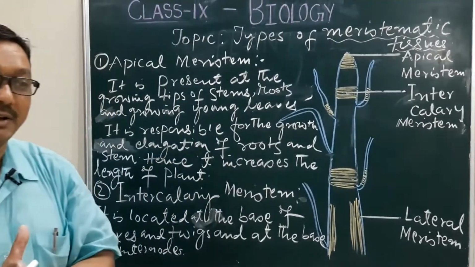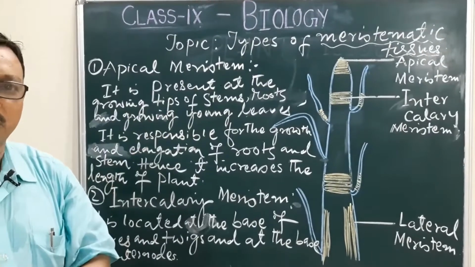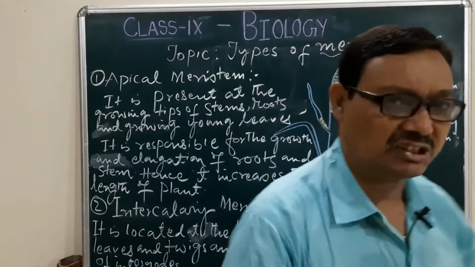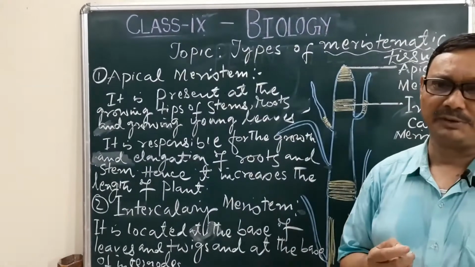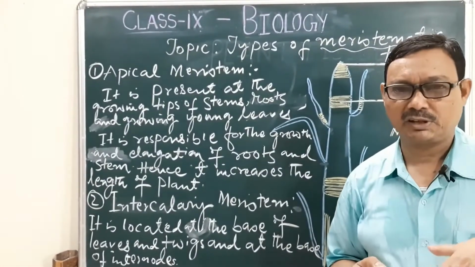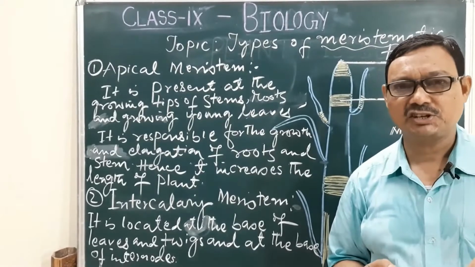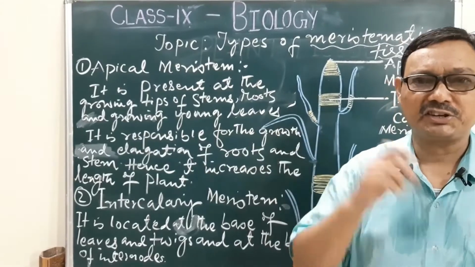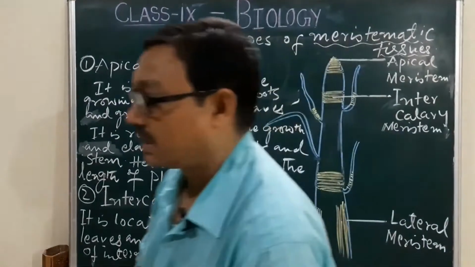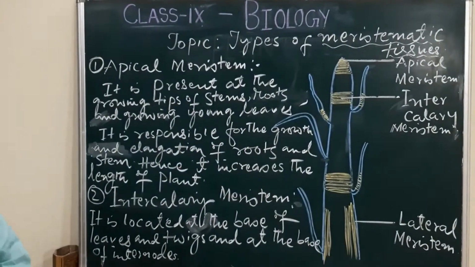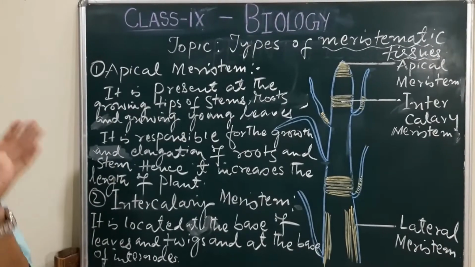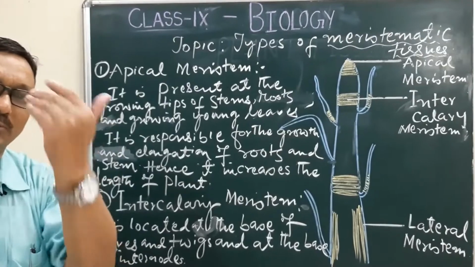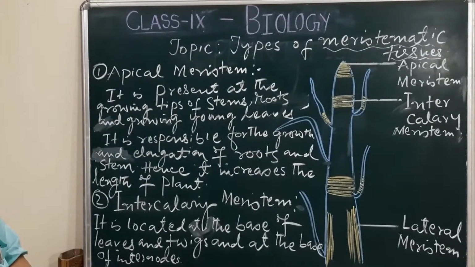The cell will divide to increase the number of cells. When there is an increment in the number of cells, the shape, the volume, the size of the organism will increase. That means the division of cells is directly related with the growth of the different parts of the body.